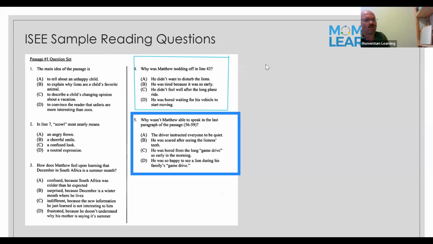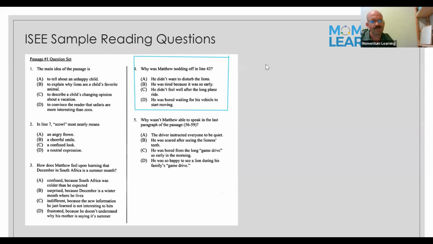So looking at number 1, with the main idea of the passage, to tell about an unhappy child. Well, is Matthew unhappy beginning, middle, and end?